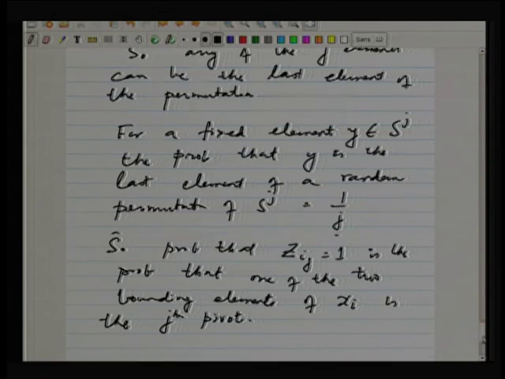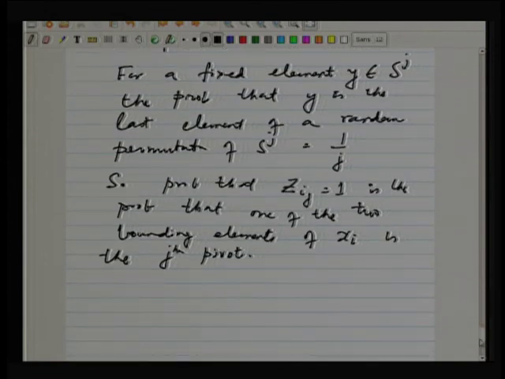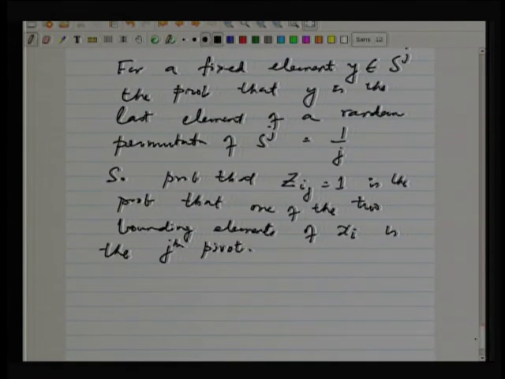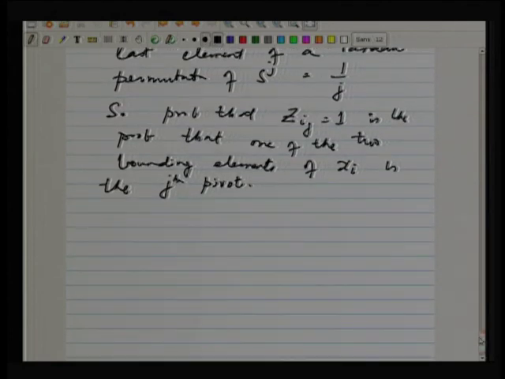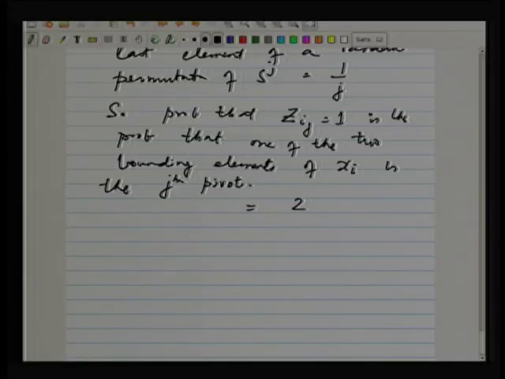Okay. And what is the probability? So, for a specific element to be the jth pivot, it is 1 over j. For two elements to be the jth pivot, that is basically equal to 2 over j. So, this is the probability that the ith element will participate in the jth pivot.